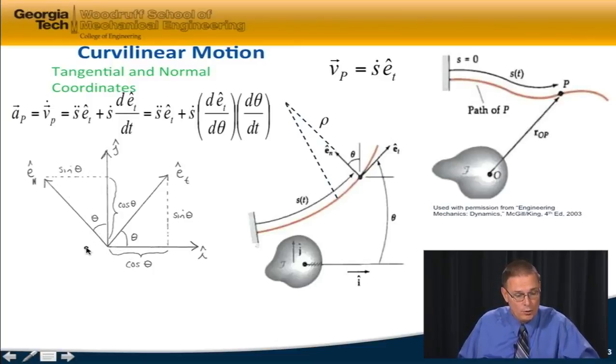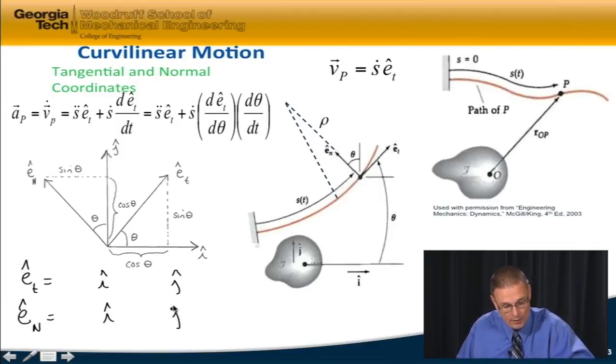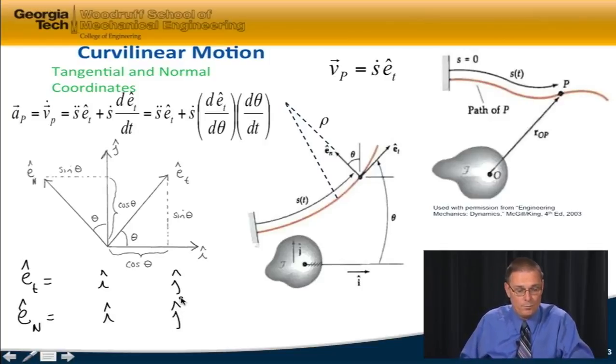And so what I want to do now is write E tangential in terms of i and j, and E normal in terms of i and j. And so I'd like you to do that, fill in the blanks here, and then come on back.